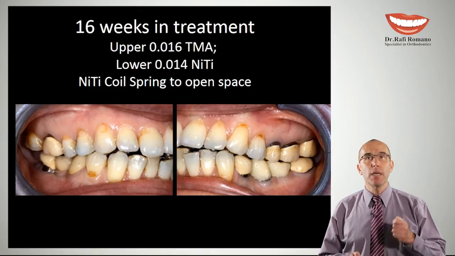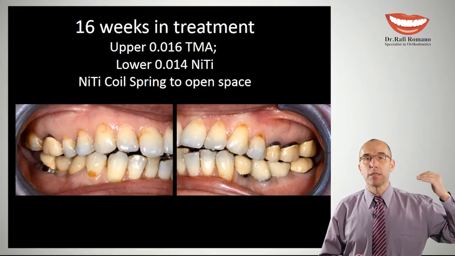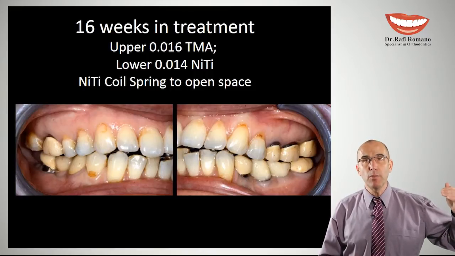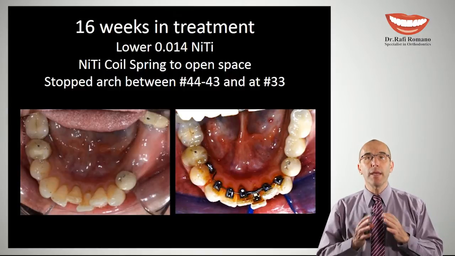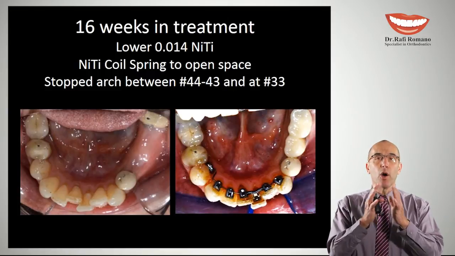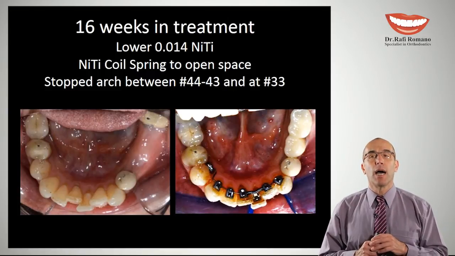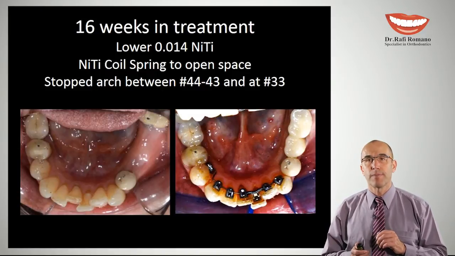Here you can see we are now in the upper with the 16 CNA beta titanium, and in the lower we are 014 nickel titanium and the coil spring to open the space. As you can see over here, slowly we open the space for this left central incisor.